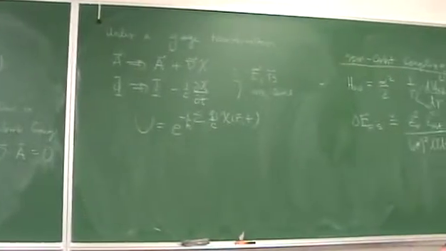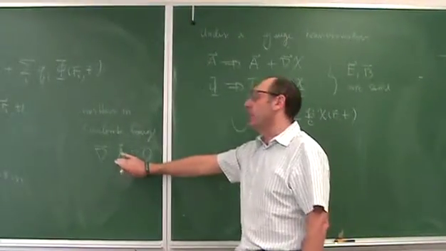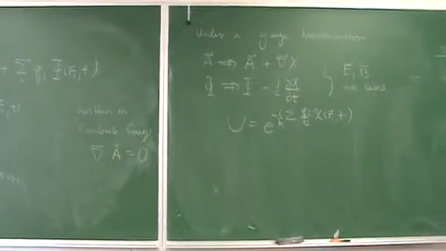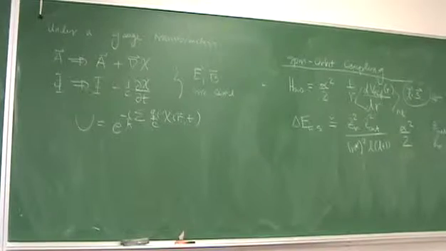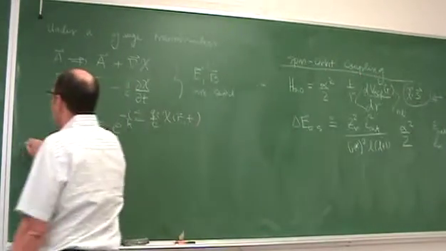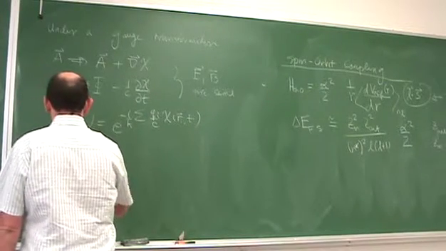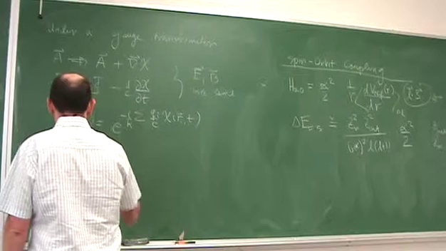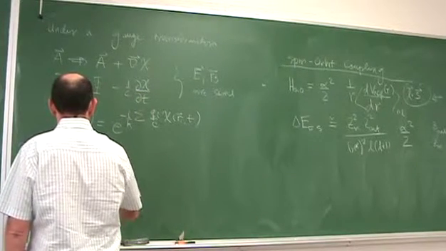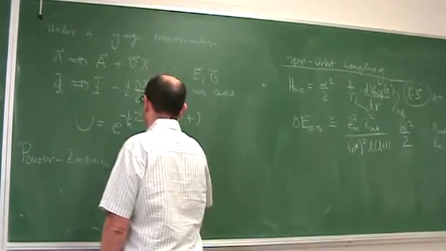And A basically represents the radiation, which has both magnetic and electric fields. So one can make what's called the power-Zienau-Woolley transformation.